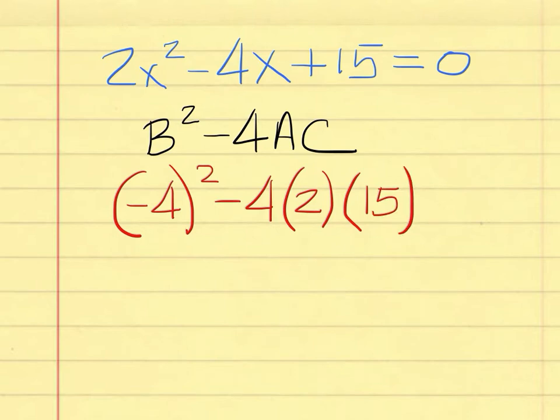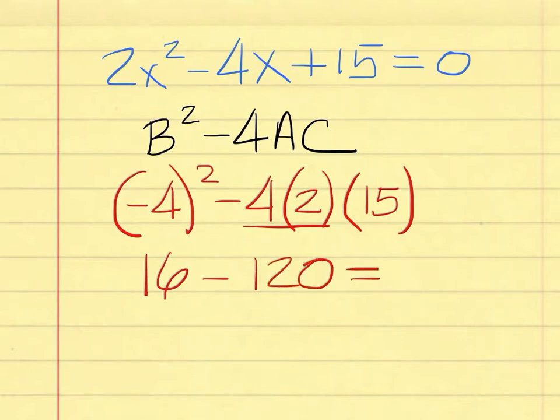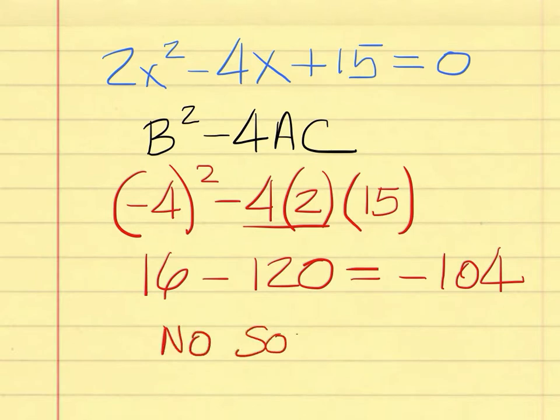The quantity squared of a negative 4 is 16. And then we have minus 4 times 2 times 15, which is 120. If you find the answer to that, you come up with a negative 104. If the answer to the discriminant is negative, how many solutions are there? 0. So there is no solution for this.